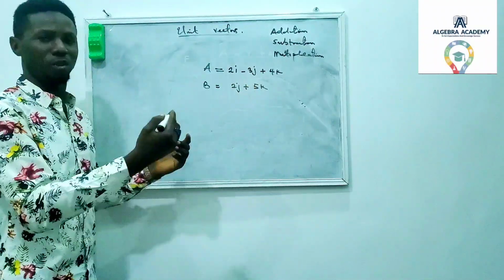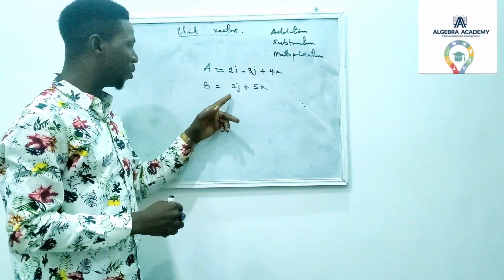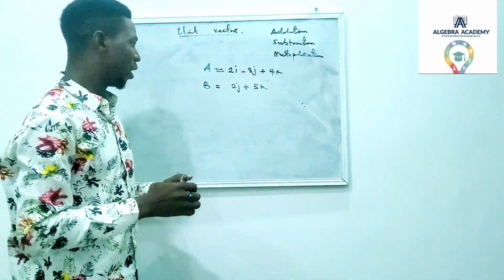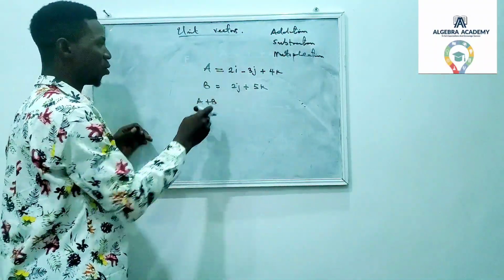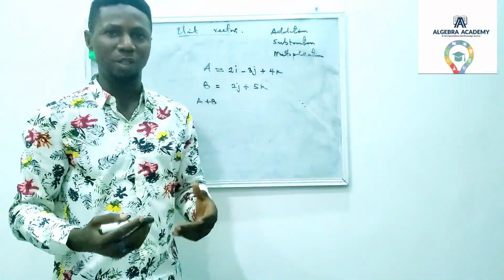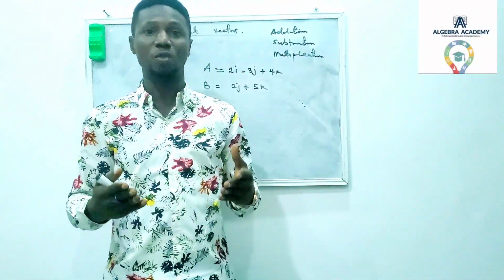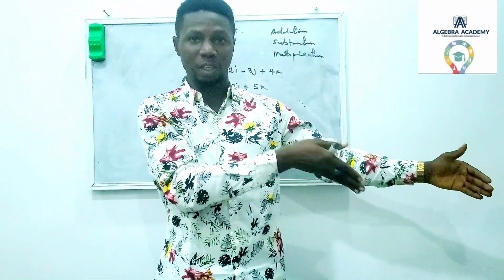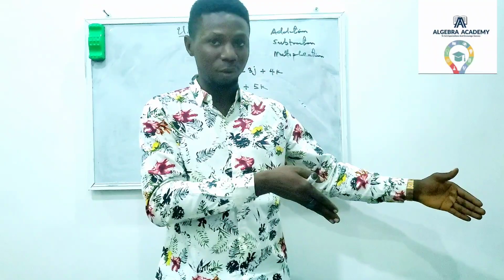If you look at these vectors very well, vector A has 3 components, while vector B has just 2 components. Then if the question says find A plus B, that means you are adding vectors A and B together. When you add 2 vectors together, you are going to have another vector. That means your answer or your resultant will also be in the form of a vector.